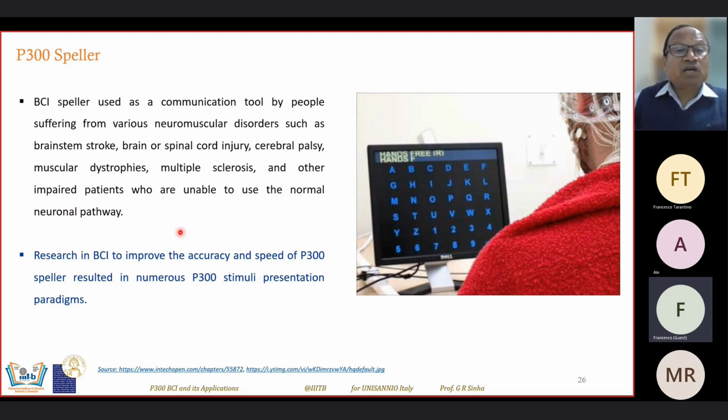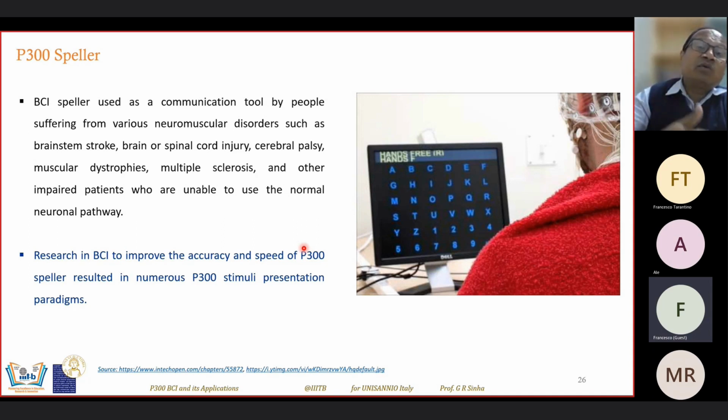So for all these people who have certain kinds of neuromuscular disorders, this BCI speller, called the P300 speller, is used as a communication tool. The research in BCI is always there to improve the accuracy. Research is always ongoing to make things better and better, so that the accuracy and speed of the speller can improve through numerous P300 stimulus presentation paradigms, so that the speller can generate the correct stimuli that can help the person fulfill his needs as per his intention.